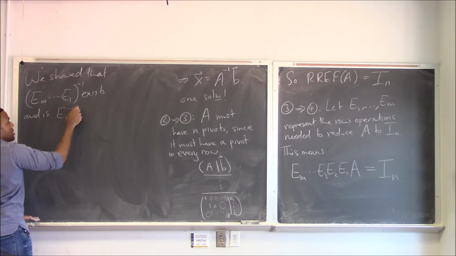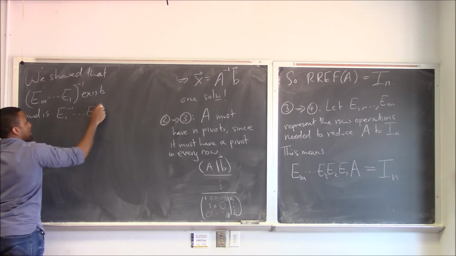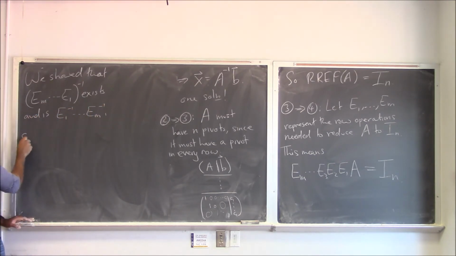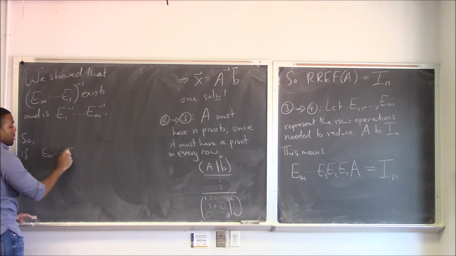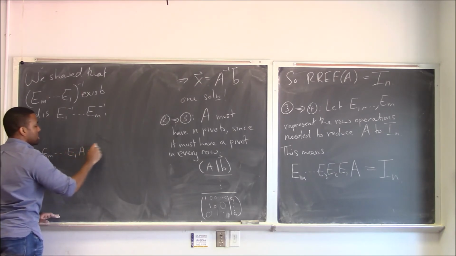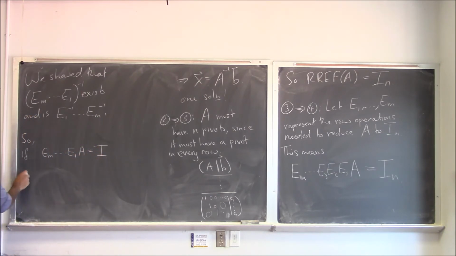The product of the inverses in the opposite order. So, what we can do then is if EM all the way down to E1 times A equals the identity, I can multiply both sides on the left by the inverse of this guy.